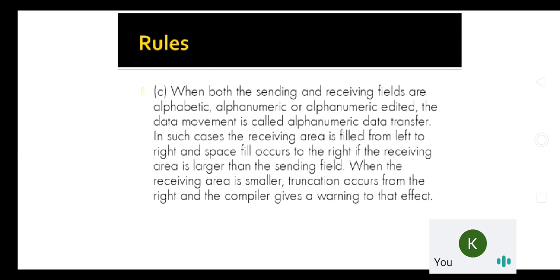In the previous rule we discussed numeric data transfer. Here in this slide we are discussing alphanumeric data transfer. So you will have combinations of alphabets and numbers, and we call this data transfer alphanumeric data transfer.